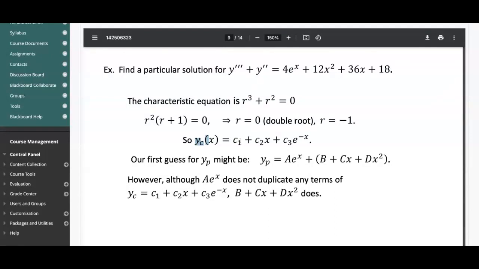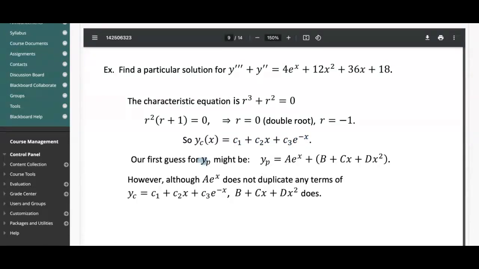So the complementary solution would be c1 e to the 0, which is 1, c2 x e to the 0, which is 1. So we have c1 plus c2 x, then plus c3 e to the negative x.